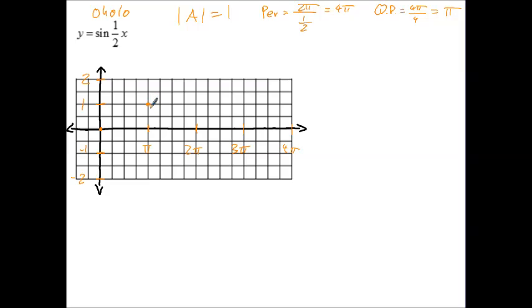After another quarter period, 2 pi, we get to 0 again. After another quarter period, we get to the low, and after another quarter period, we get back to 0. So this is one period, and then it continues to both sides until infinity. The domain, again, from -infinity to +infinity, and the range from -1 to +1.